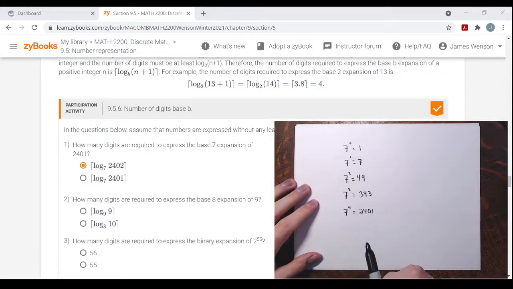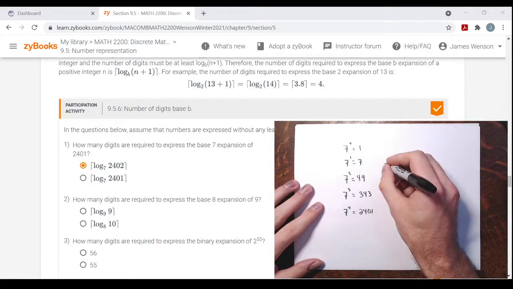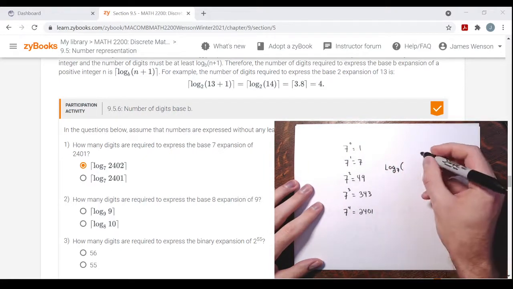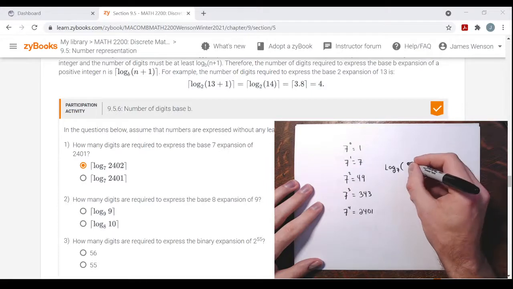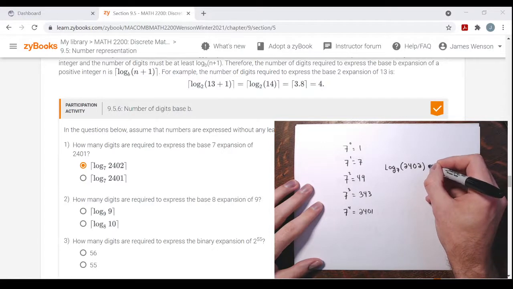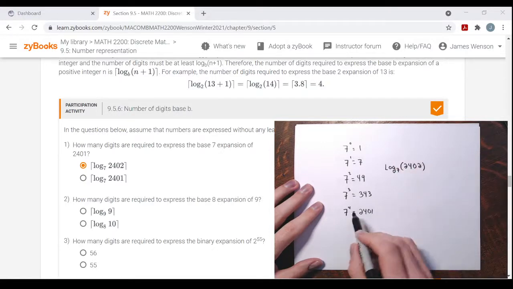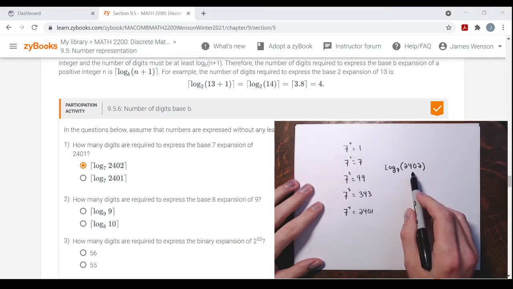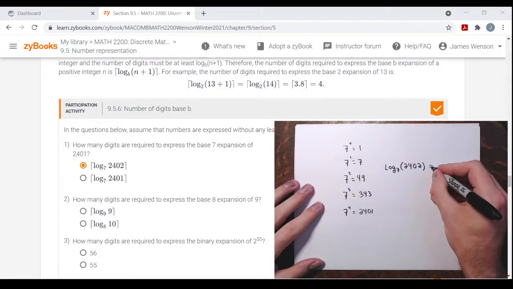But still, so the log base 7, and I guess I could use a calculator for this, but the log base 7 of 2,402 would be something between 4 and 5, right? Because 7 to the fourth power is 2,401. So this is 4 point something.